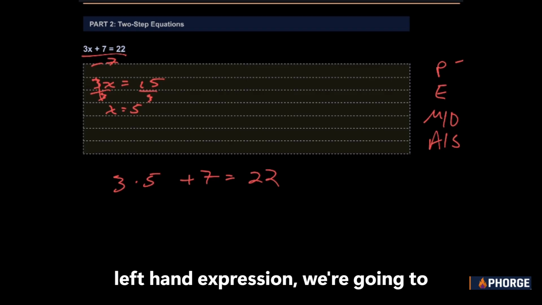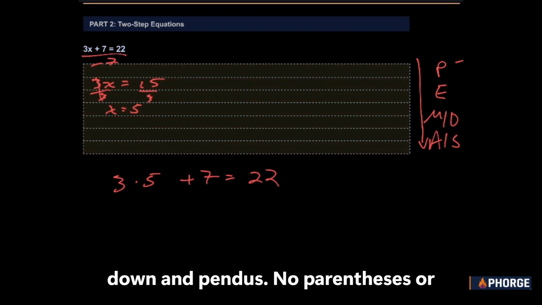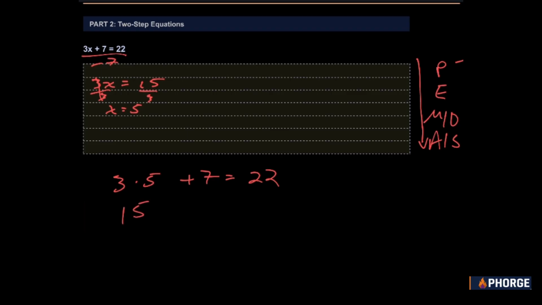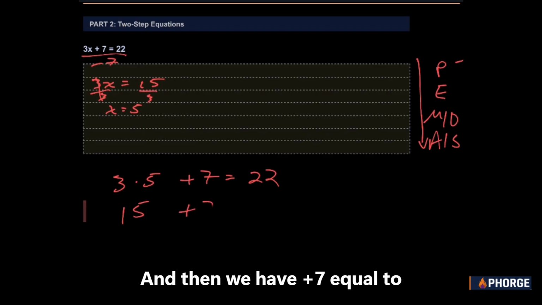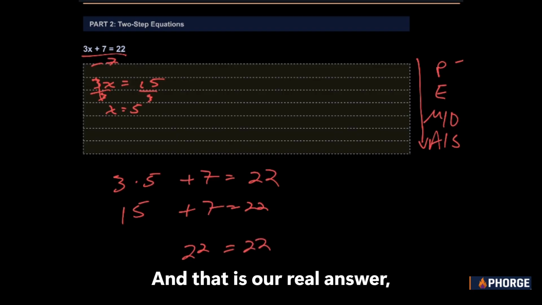Now that we're solving the left-hand expression, we start from the top and move our way down in PEMDAS. No parentheses or exponents, so we go down to multiplication and division. 3 times 5 is equal to 15. And then we have plus 7. 15 plus 7 is equal to 22. And that is our real answer. So good to go.